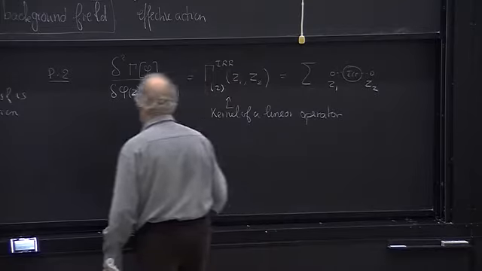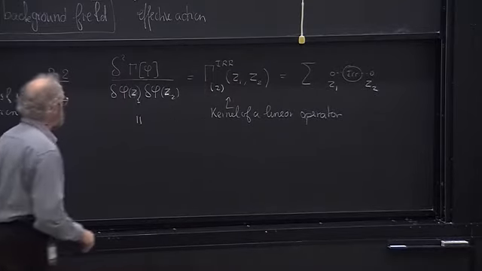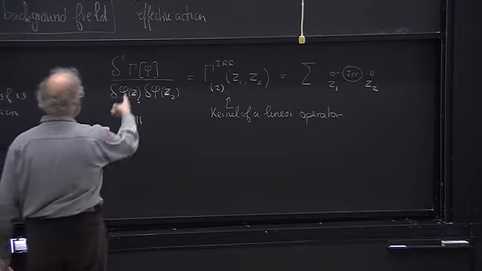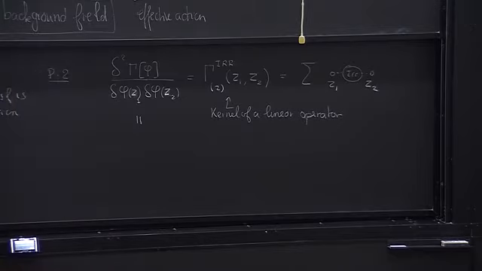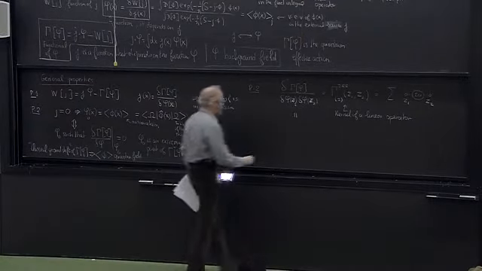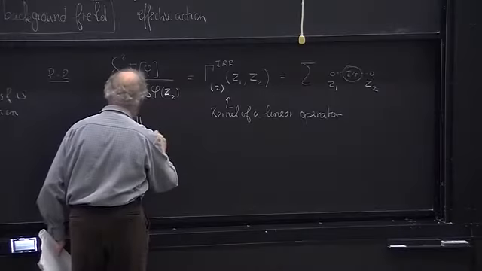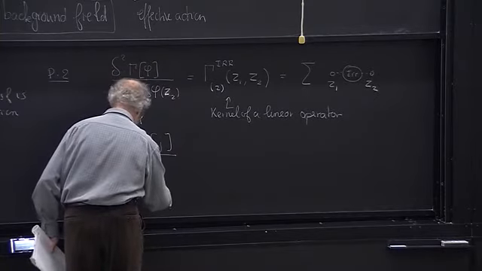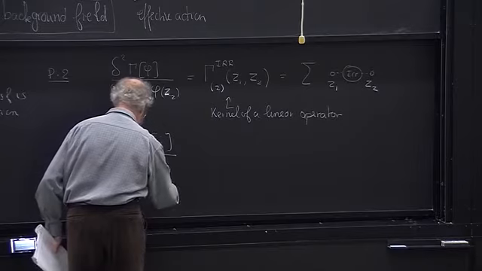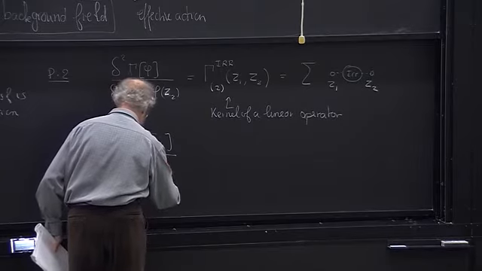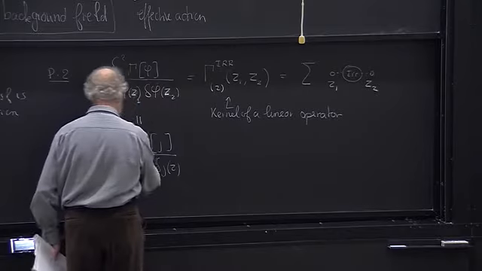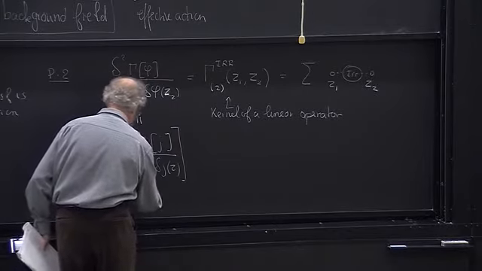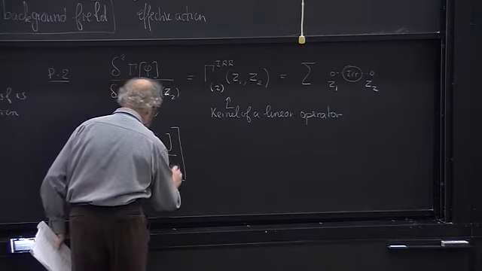This kernel is just the kernel of the inverse of the second derivative of W, delta G of Z. So you have Z prime, Z double prime.